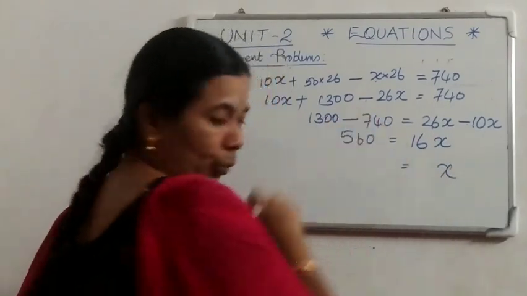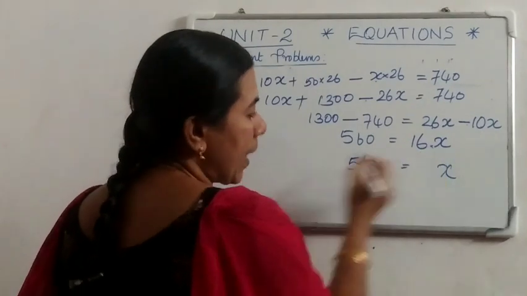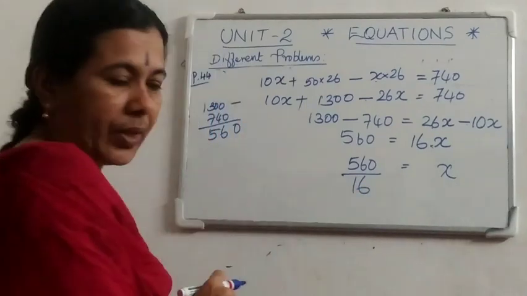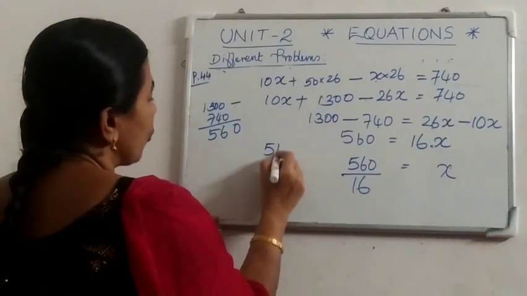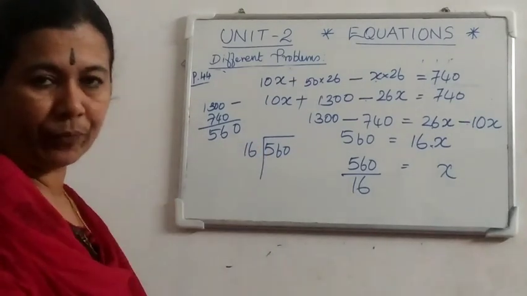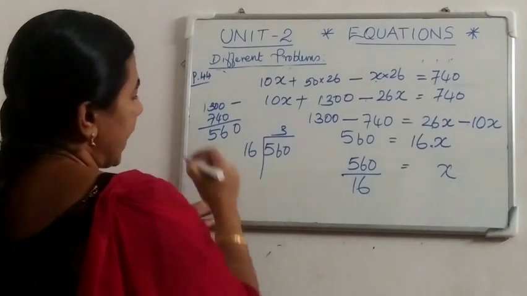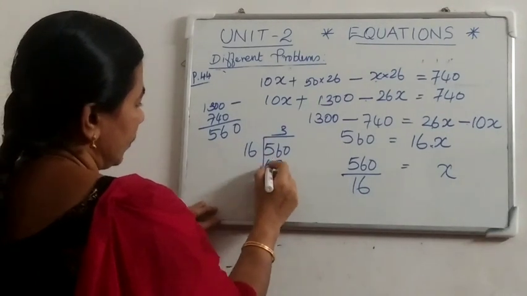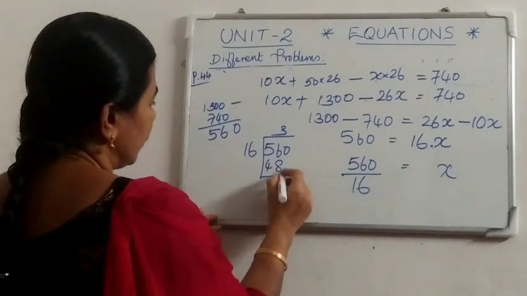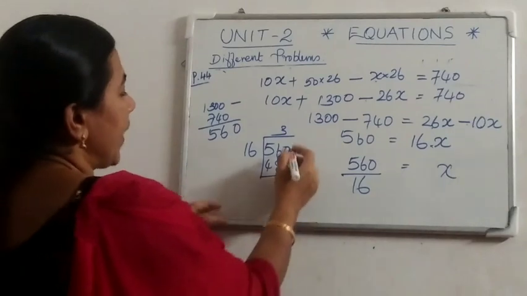Look, what is x? X is equal to 560 on this side. This 16 is multiplied here, so it goes to the other side as division. 560 divided by 16. How much? 3 times 16 is 48. Subtract.